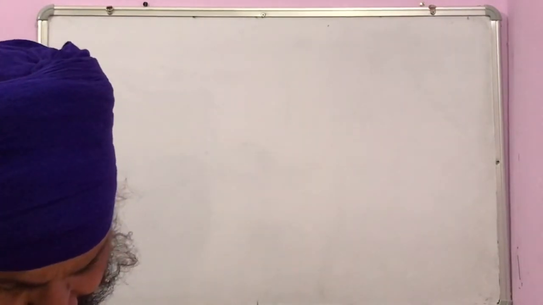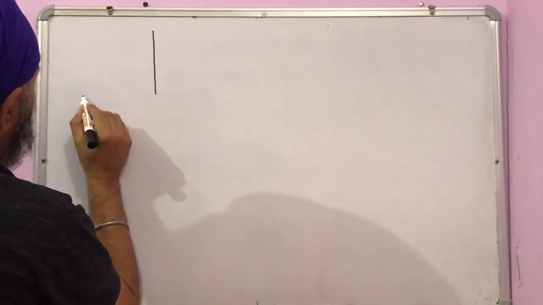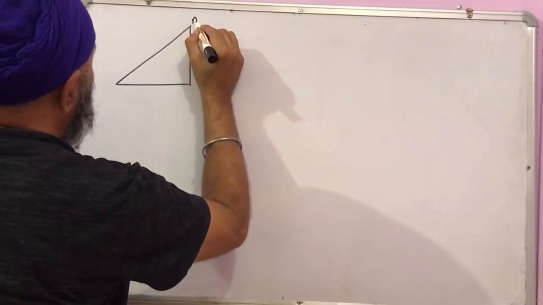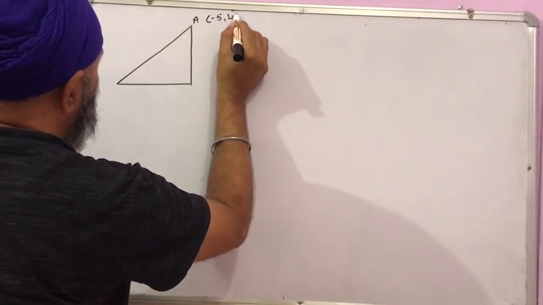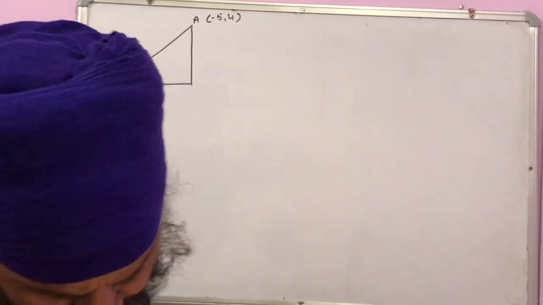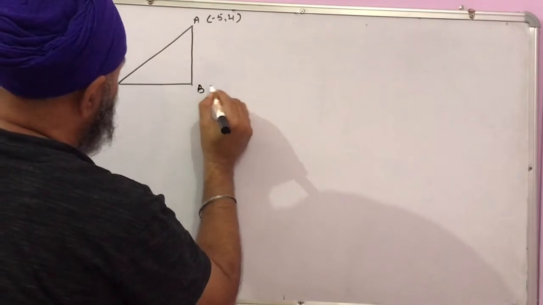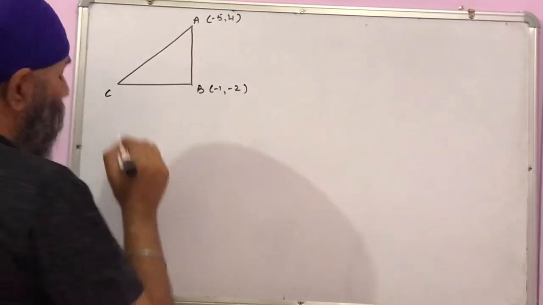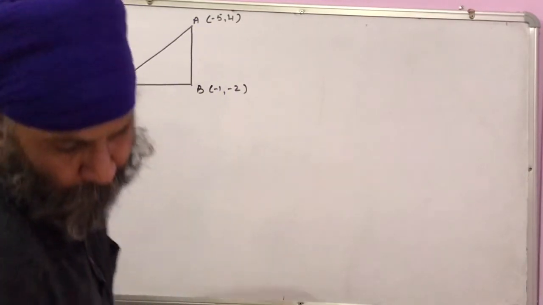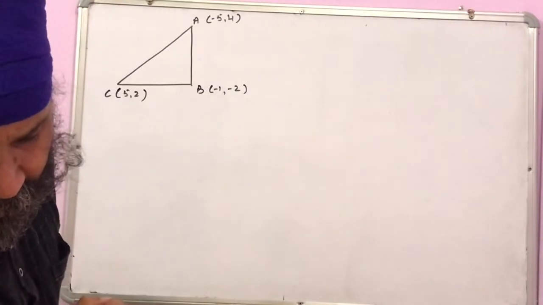Prove that points A(-5, 4), B(-1, -2), and C(5, 2) are vertices of an isosceles right triangle.